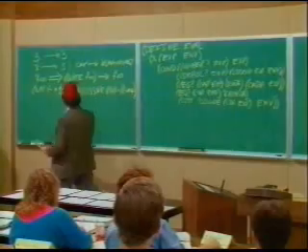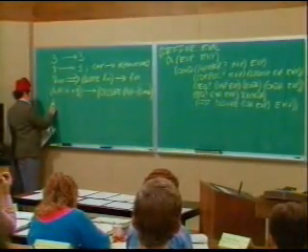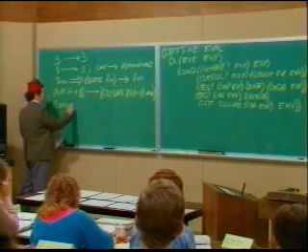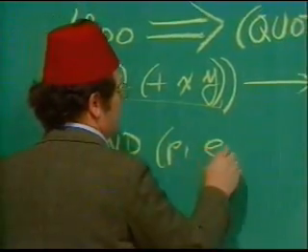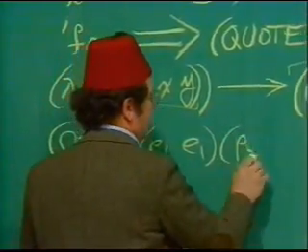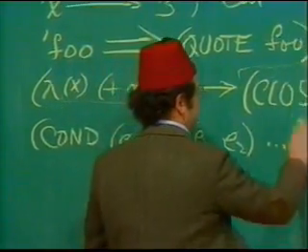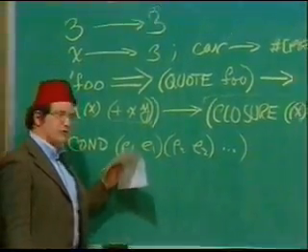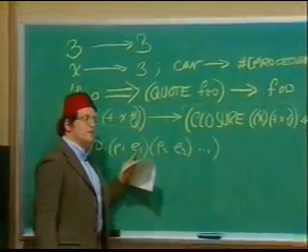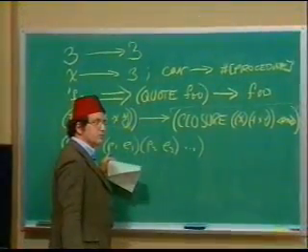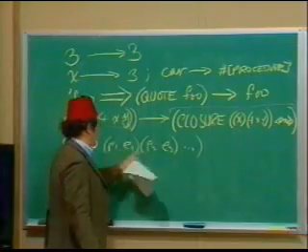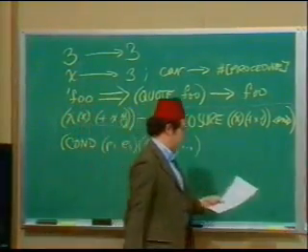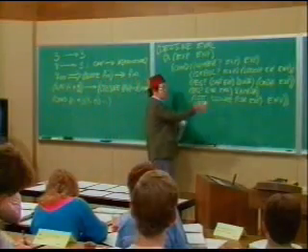There are also conditional expressions, things like cond of, say, P1, E1, P2, E2, where there's a predicate, and a predicate is a thing that's either true or false, and an expression to be evaluated if the predicate is true. A set of clauses, if you will. That's the name of such a thing. So I'm going to put that somewhere else.